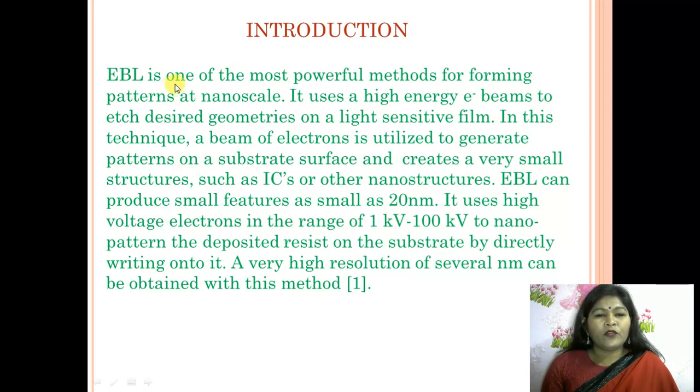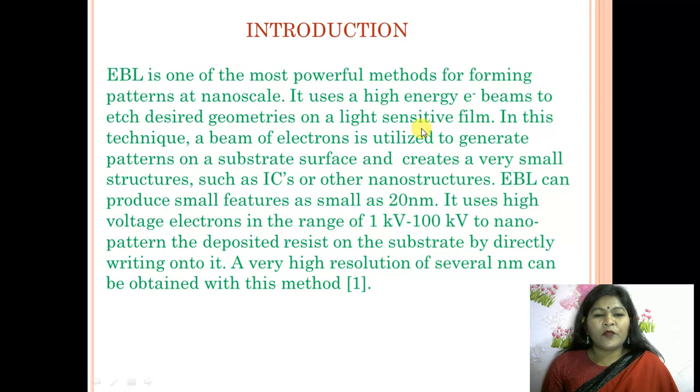It is one of the most powerful methods for forming patterns at nanoscale. It uses a high energy electron beam to etch desired geometries on a light sensitive film. In this technique, a beam of electrons is utilized to generate patterns on a substrate surface and creates very small structures such as ICs or other nanostructure devices.